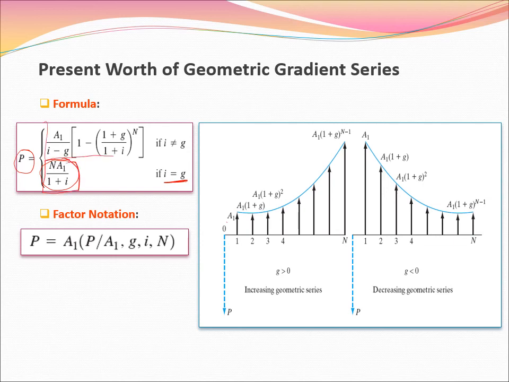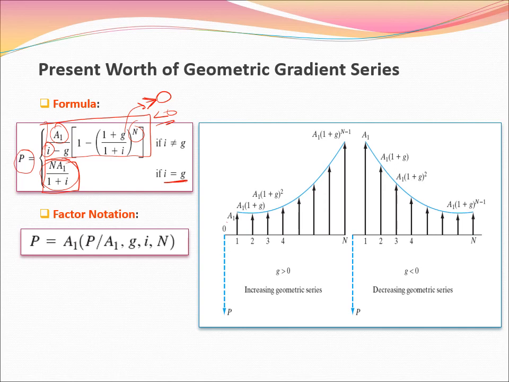Otherwise, we use this formula. And again, if the payments or earnings are increasing at this rate, then this g is positive. It's greater than 0. Otherwise, we write it as negative, less than 0. And this I is the interest rate, A1 is the first payment, N is the number of periods.